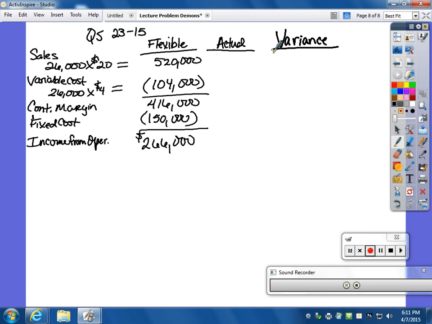So the information that's actually in 15 is your actual amounts going down. Same thing. That's why I didn't erase that. I just copied it over. Ms. Sedgwick just said the actual amount was what, 480? What about variable costs?